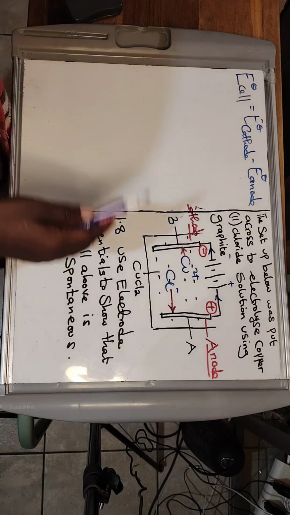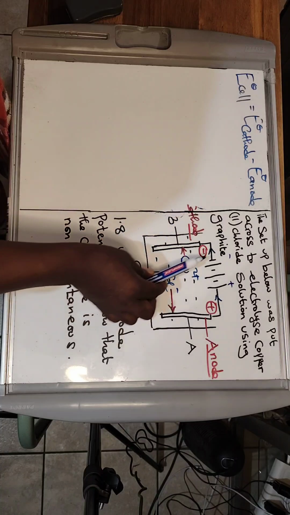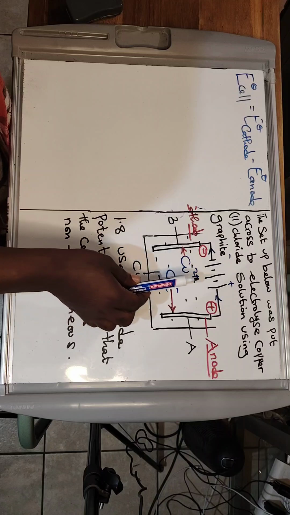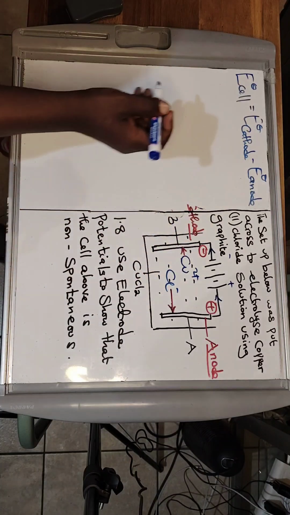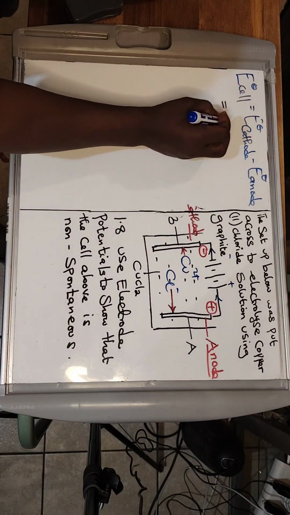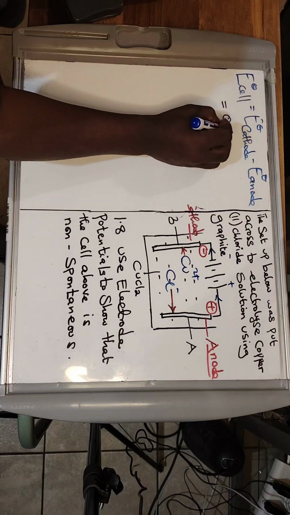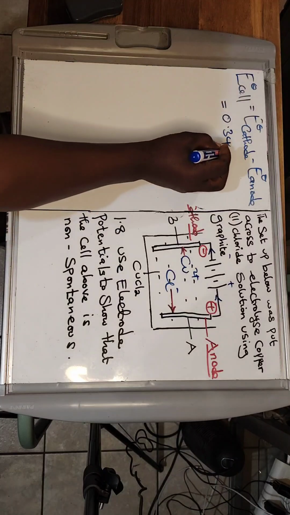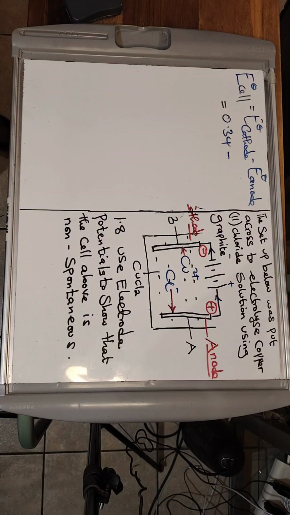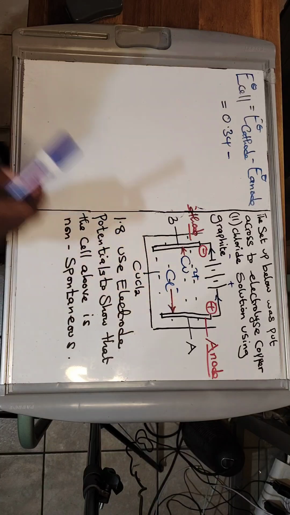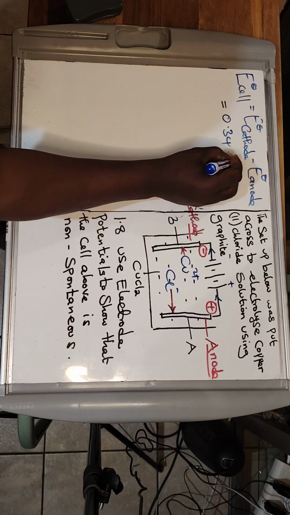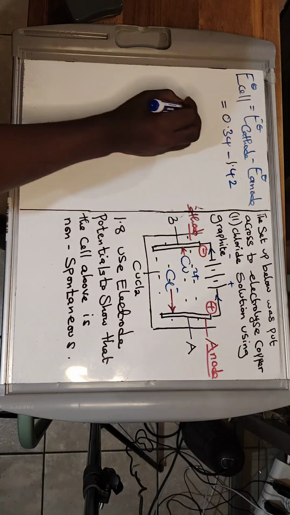So what do we do? We have to substitute. You have to remember that our cathode is this part, and it's copper which is coming there. So when you get the value of copper, you're going to get it as 0.34. That's the standard reduction potential of copper. Now for the anode, it is the chlorine which we check for, and chlorine is positive 1.42, so it's 1.42.